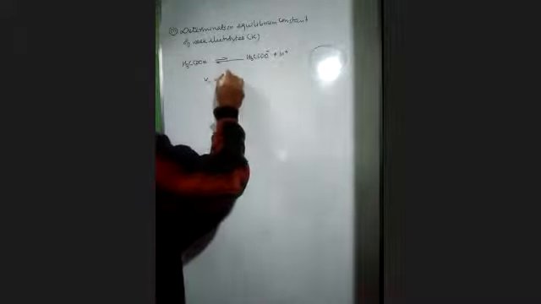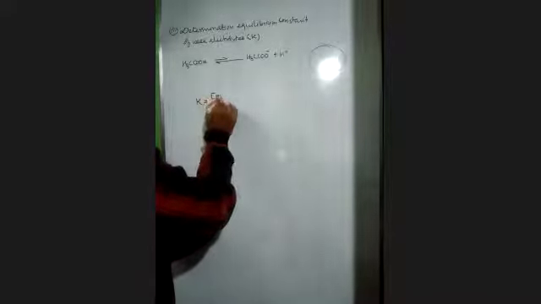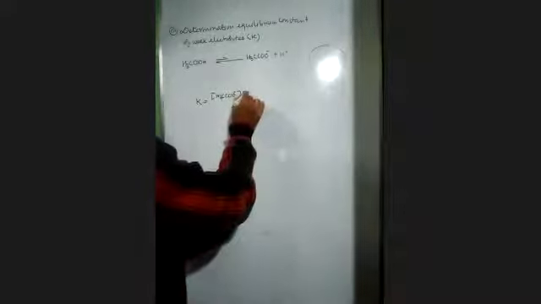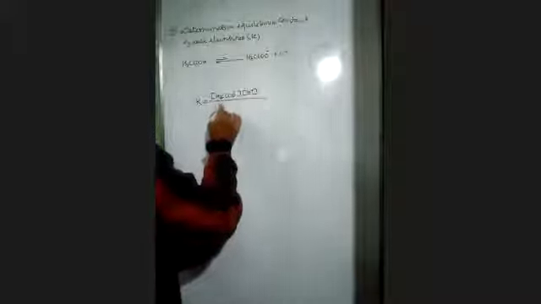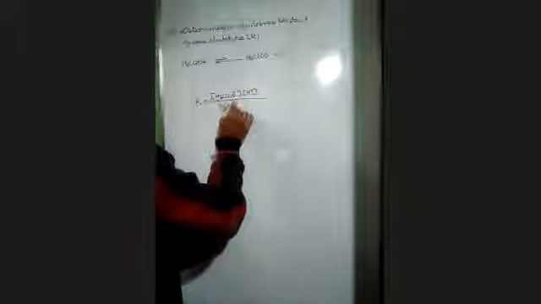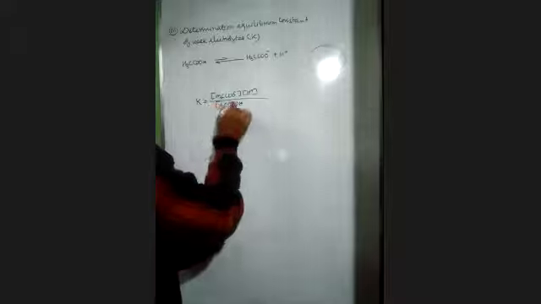This gives CH3COO minus plus H plus. What is K? K is equal to CH3COO minus H plus divided by CH3COOH.